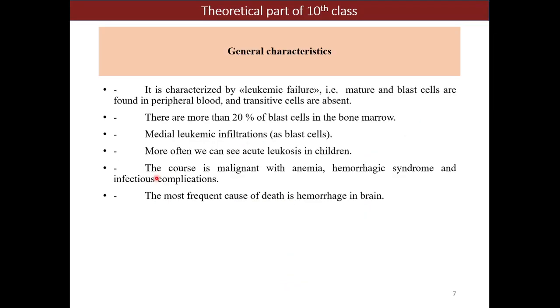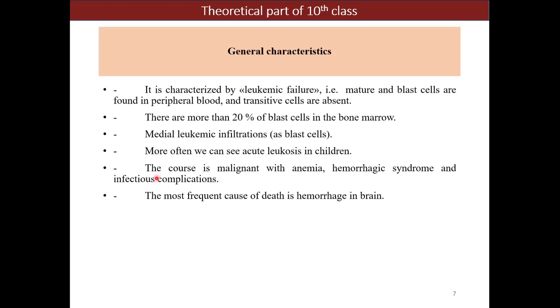Acute leukemia is characterized by leukemic failure, meaning mature and blast cells are found in the peripheral blood and transitive cells are absent. There are more than 20% of blast cells in the bone marrow. There is leukemic infiltration by blast cells in the internal organs.